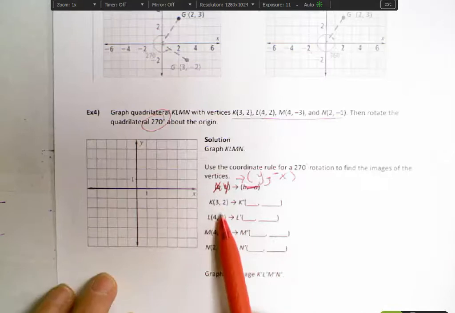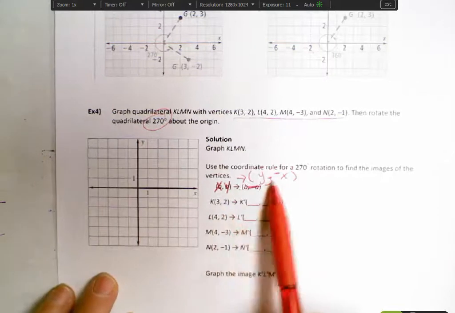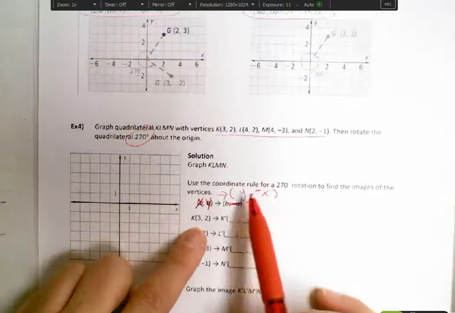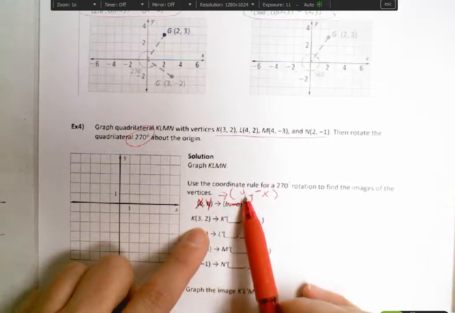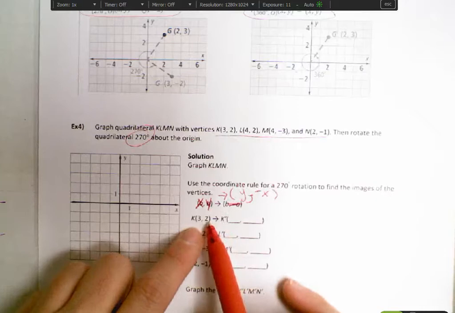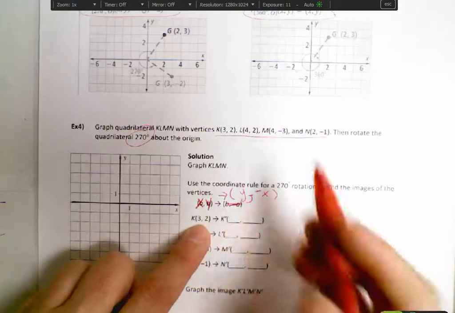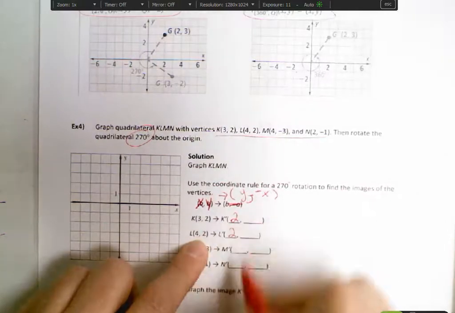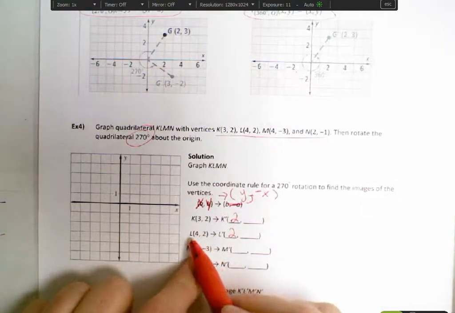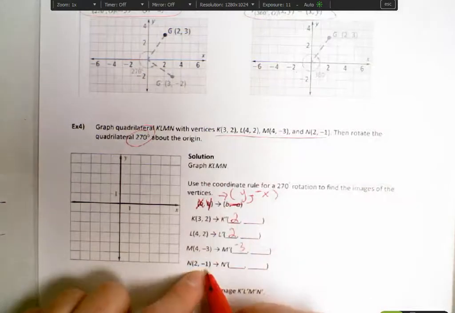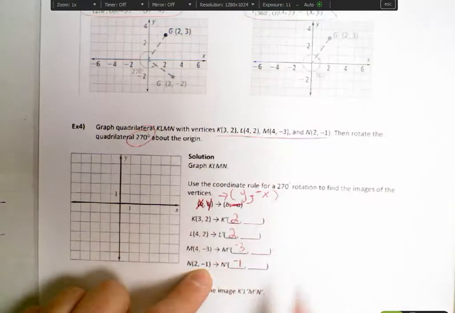So I can take each of my points and use this map to figure out where my prime points are. This says to make the Y without any changes the new X. So I'm going to take what used to be Y and put it in the X position. So my new K prime becomes a 2 for the X. This becomes a 2 for L. Negative 3, because I don't change the sign of my Y, I just move it into the X position, and negative 1.